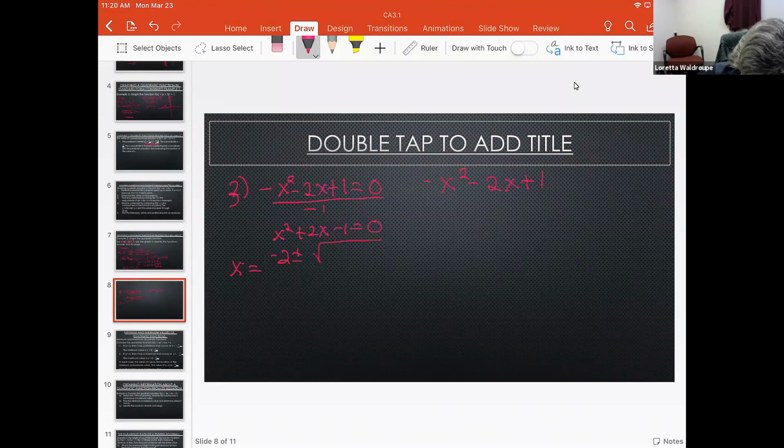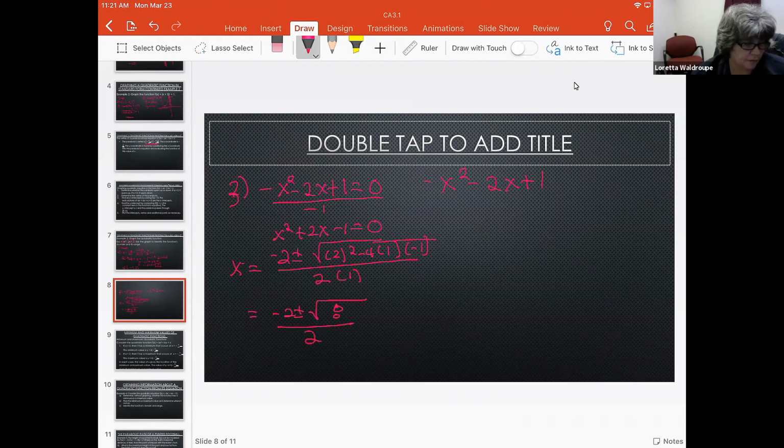Remember, it's negative b plus or minus the square root of b squared minus 4ac, all over 2a. Okay, let me stop there. Questions?